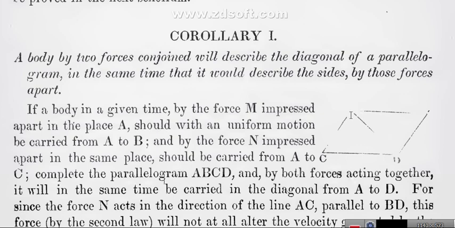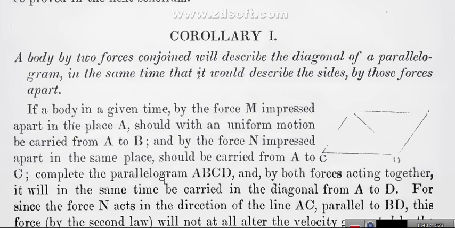Just suppose that this point here is A, this point here is B, although this is not seen in this picture. So Newton is basically saying that when these two forces are acting, then we can create this diagonal AD.